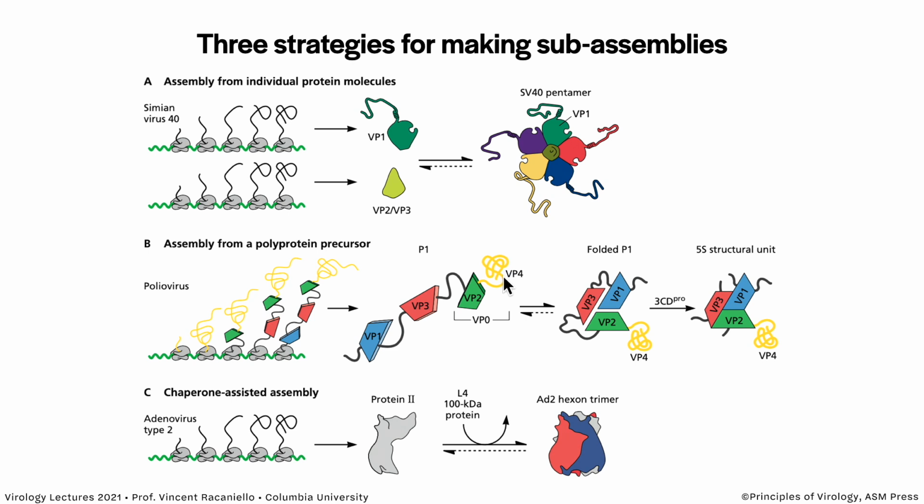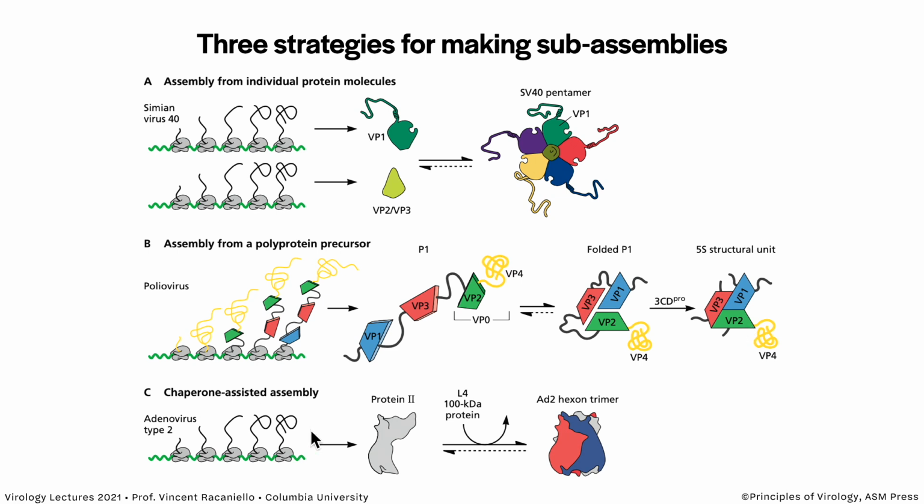And they're initially translated as a long precursor, and then it folds into the structure that it's going to look like in the virus particle. And then the viral protease, which is produced separately, comes in and cleaves these loops. And this 5S structural unit, that's the structural unit that comes together to form the virus particle. You know, 5 of those make a pentamer, for example.